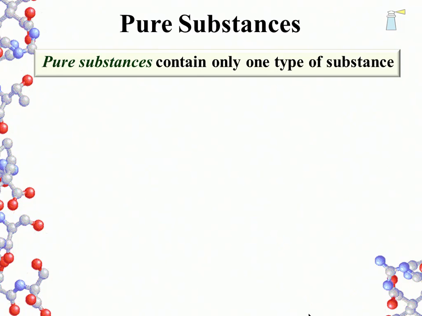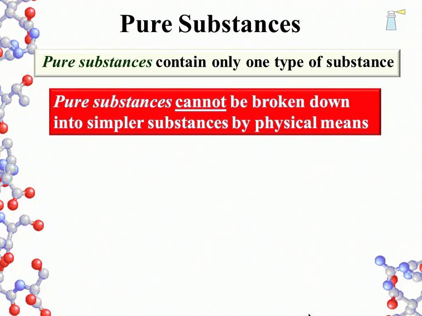The take-home lesson with pure substances is that they cannot be broken down into simpler substances by physical means. Physical means include techniques like cutting and freezing. Now, pure substances can be atoms, molecules, or compounds.